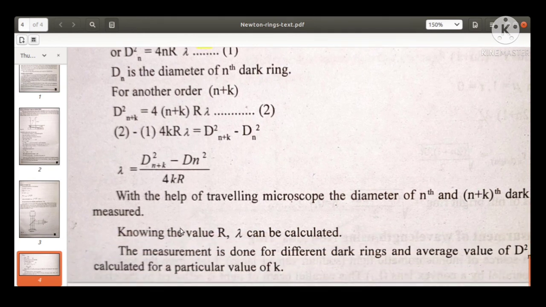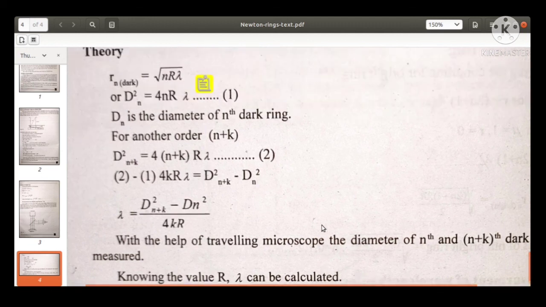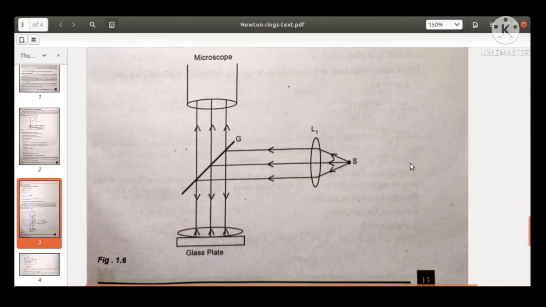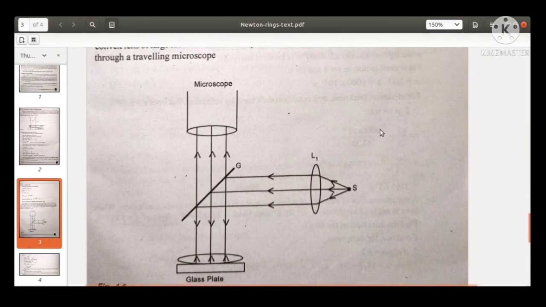So with the help of a traveling microscope, the diameters of the nth and (n+k)th dark rings can be measured. What we are doing in the experiment is observing the setup from the upper side, and we can move this traveling microscope to this side and this side, and see the fringe pattern on both sides of the central dark point.